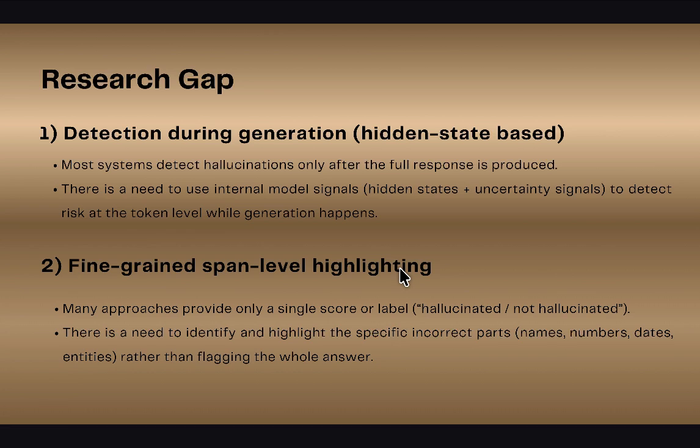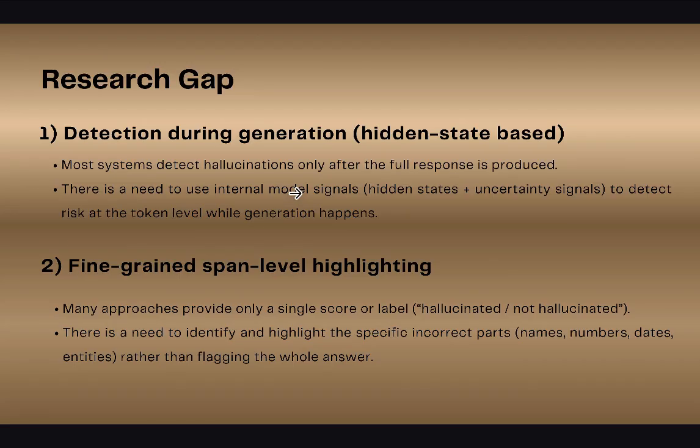In my project, I mainly focus on two research gaps. My first gap is detection during generation. Most systems detect hallucination after the full answer is generated, but I want detection during the generation.